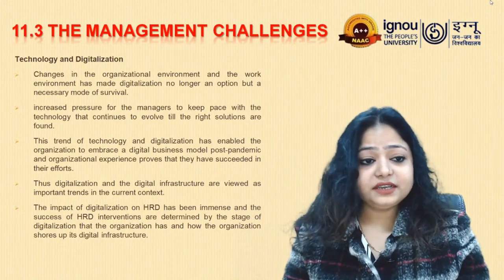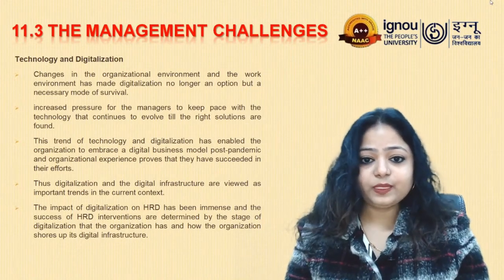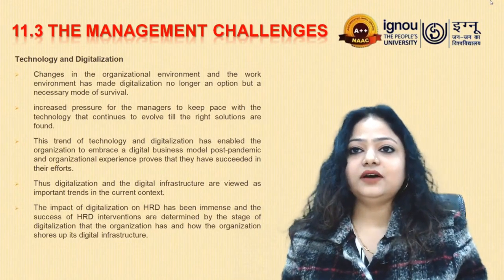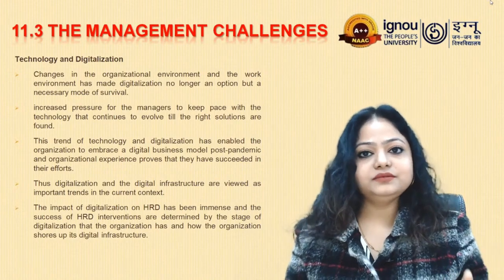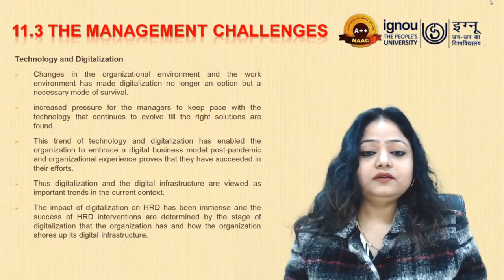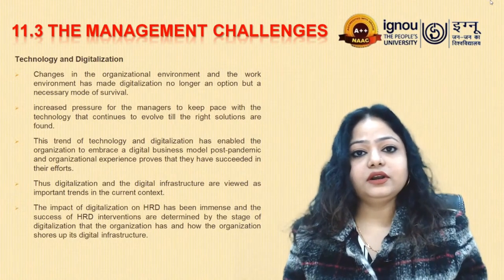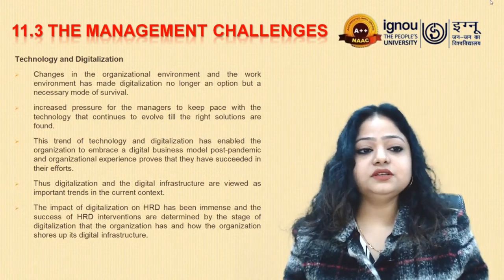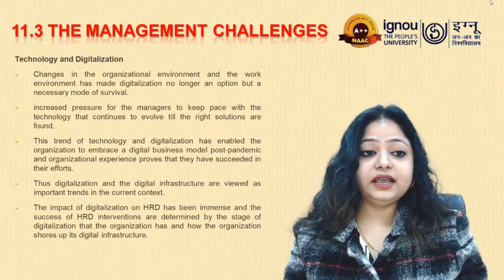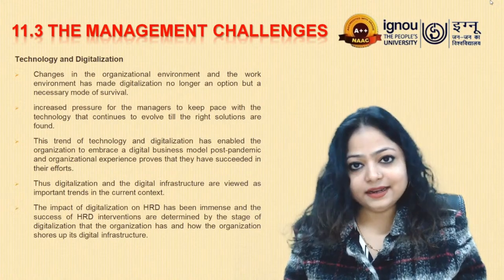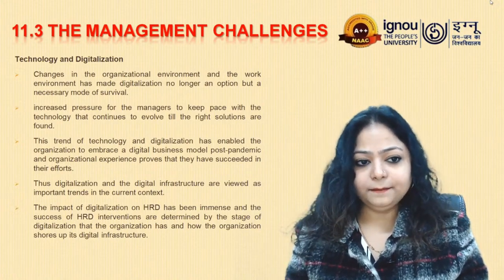Now, technology and digitalization. As we have already discussed, the advancement of technology will hamper or will create a hindrance or pose opportunity for the business organization here as well. It is a challenge for overall human resource development.